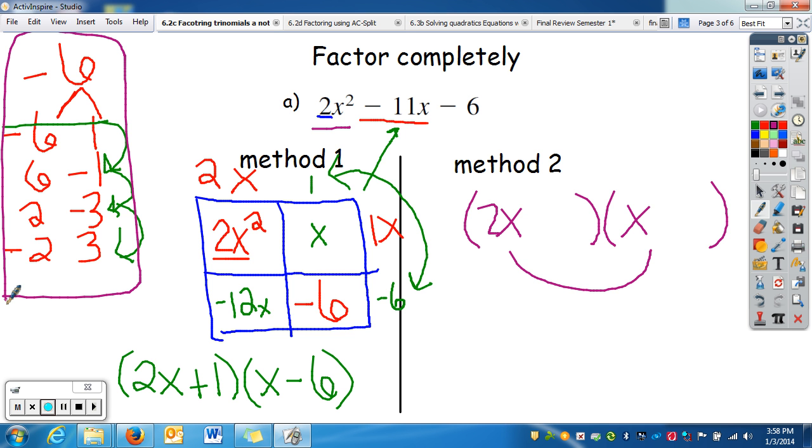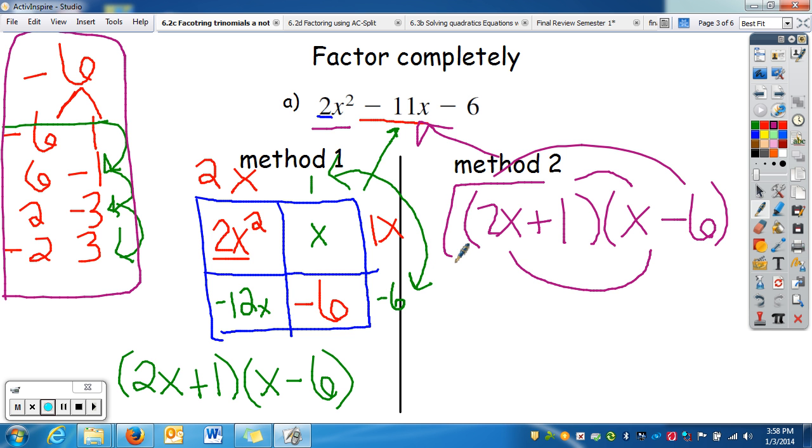So if you would have tried with like 2 and -3, you've got to see if your insides and your outsides add up to -11x, which they don't. So then you would have to start over again. And then you would flip it around, -3 and 2. You keep doing it, and that doesn't work. You keep doing it until you find the right combination, which is negative 6 and plus 1.